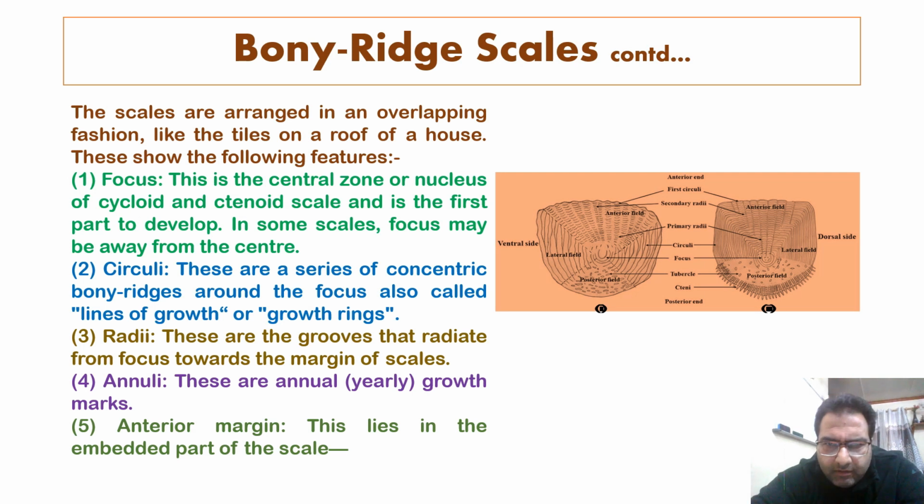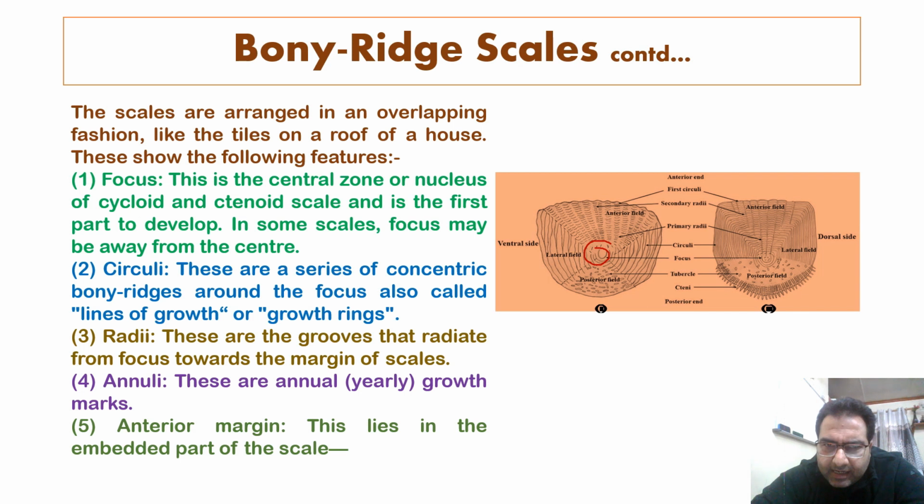Number one, this is the focus. This is the central zone or nucleus of the cycloid and ctenoid scale and is the first part to develop. Whenever the development of the scale starts, it is the focus which forms. In some scales the focus may be away from the center, but in some cases it is in the center.